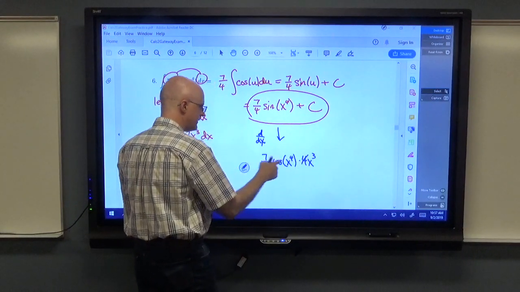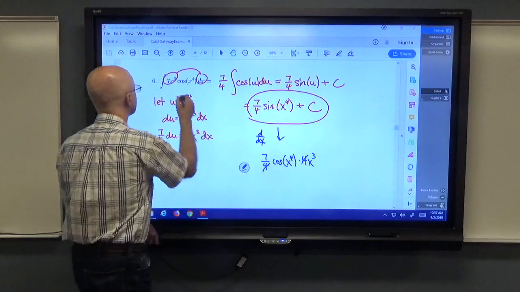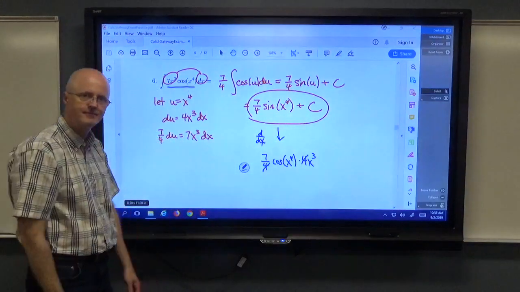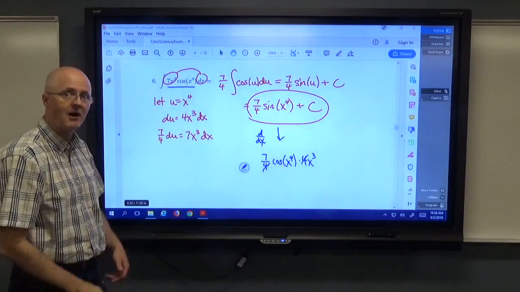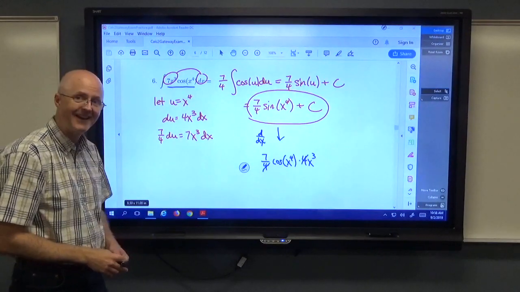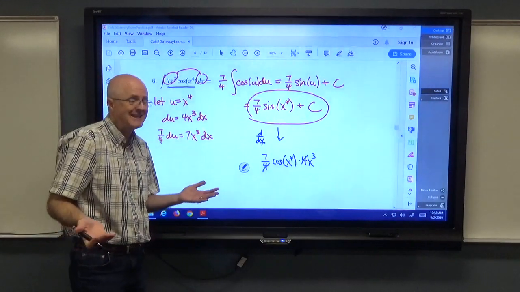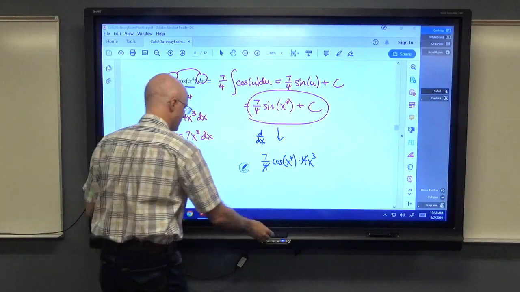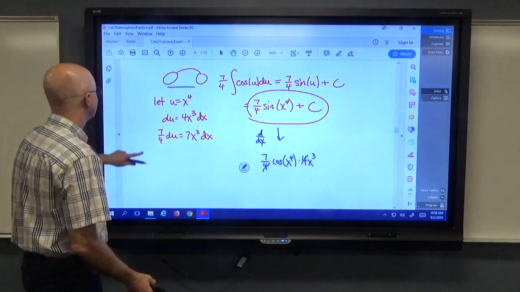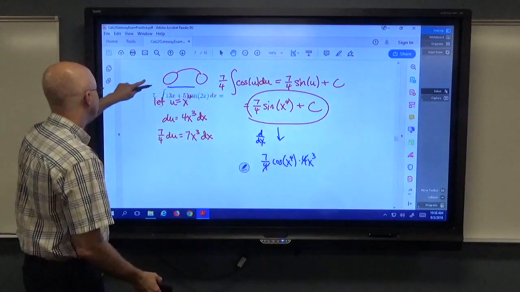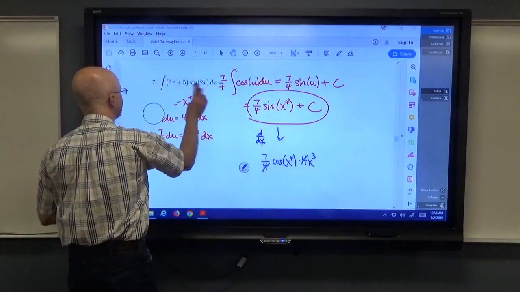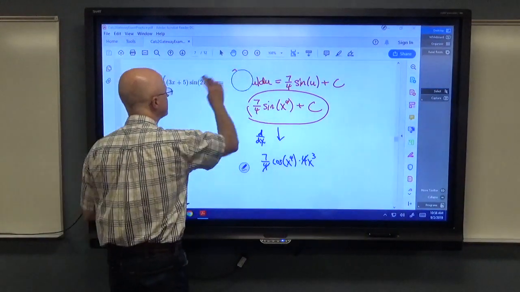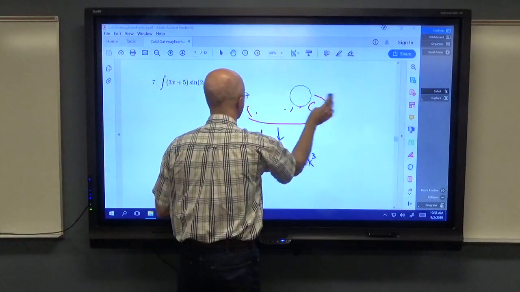You'll be left with 7x cubed cosine x to the 4th, same as the original function. Okay? So this is working. I mean, you could make a mistake in your checking. That would be a problem. But I'm pretty sure everything is right here so far. On to number 7. And now we end up needing a new technique.